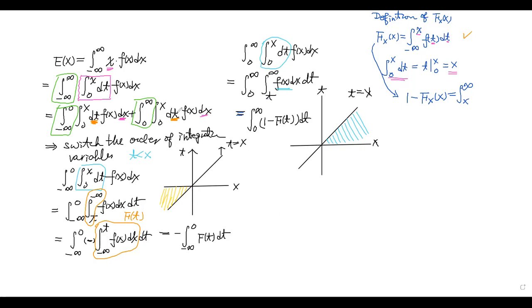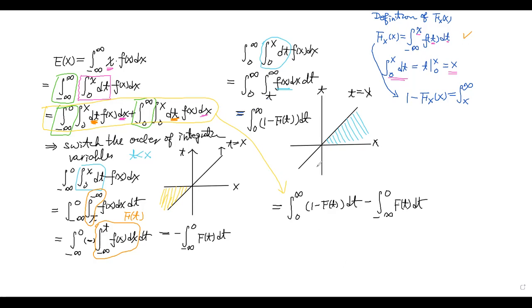Right? Okay, so now you combine both of these two here. So this equation will be equal to the integral from 0 to infinity of 1 minus F of t dt, and minus the integral from negative infinity to 0 of F of t dt.